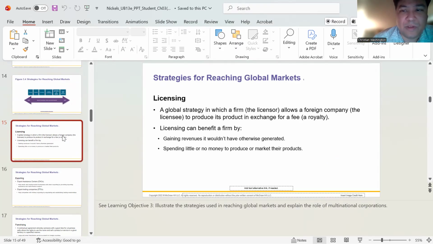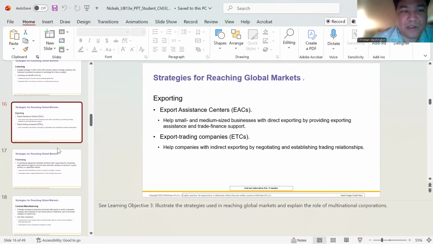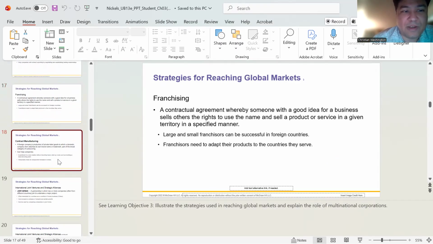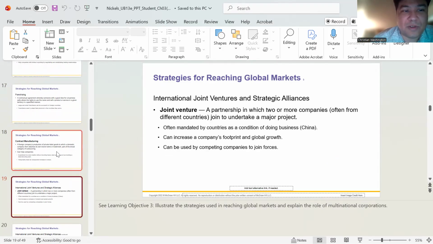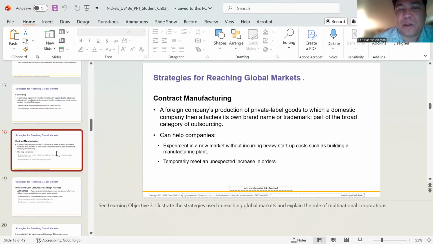And this is just sort of the definitions of the things we just spoke about, right? Franchising, contract manufacturing. Contract manufacturing is where a foreign company's production of private label goods to which a domestic company then attaches its own brand name or trademark. Apple, you see their Apple product.